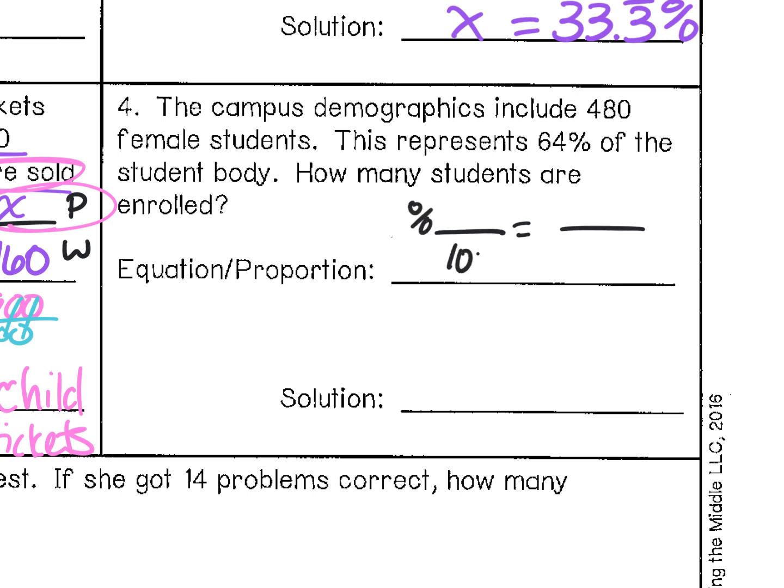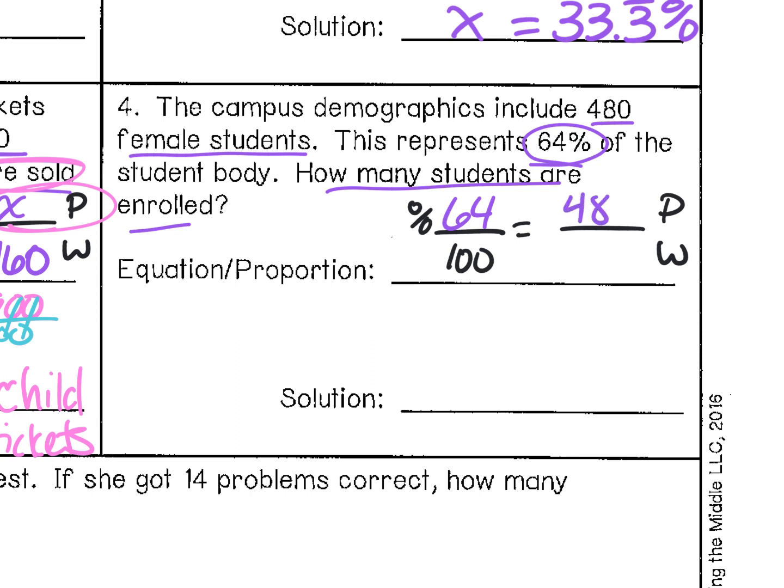percent over 100 is equal to part over whole. Read the problem through. Campus demographics include 480 female students, representing 64% of the population. How many students are enrolled? Okay, if 480 of them are female, that's only part of the population.